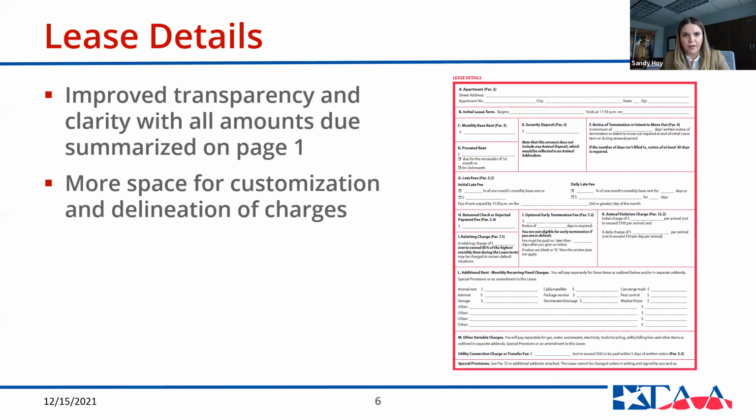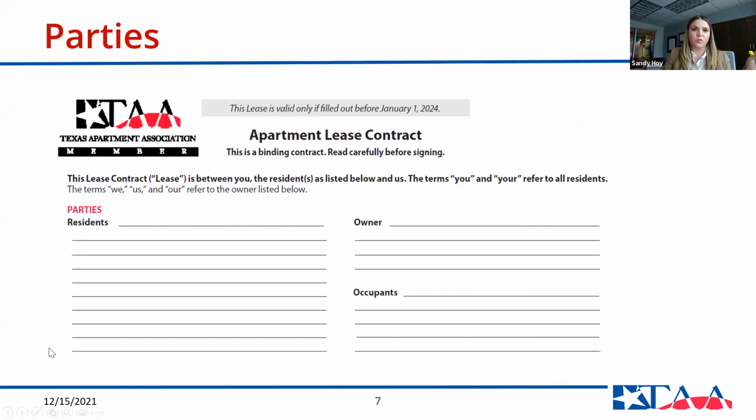Before we go box by box, I wanted to first point out the top of page 1, which starts out with the title of the document, apartment lease contract, and then it has blanks again for the parties to be listed. This is very similar to what you had in the current form, and the advice is going to be the same: residents are those who are going to be liable to you for all the lease obligations, and the owner needs to be the owner listed and not the management company.